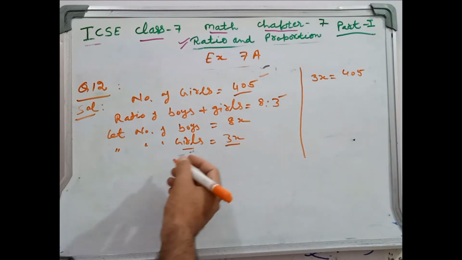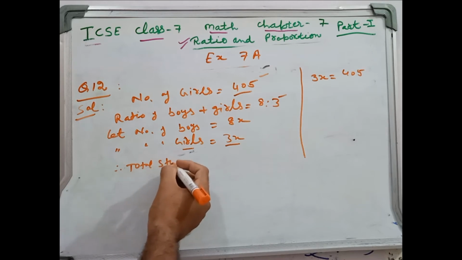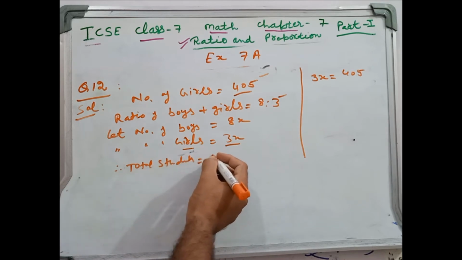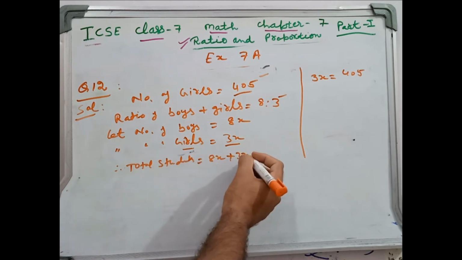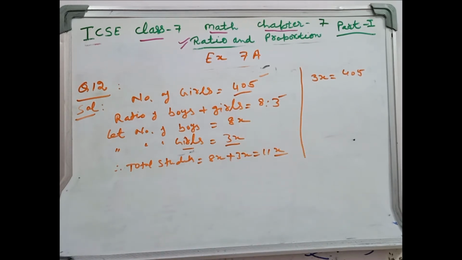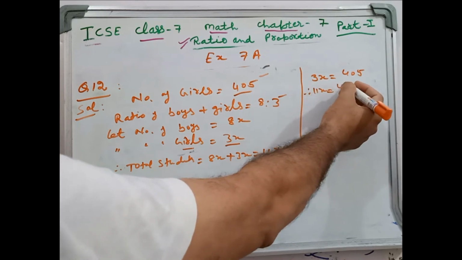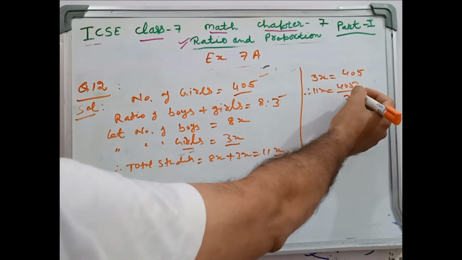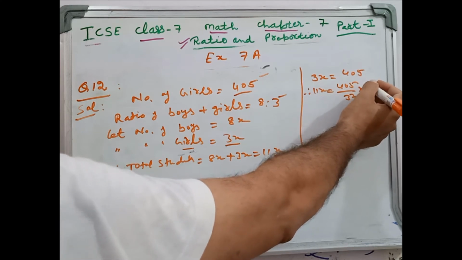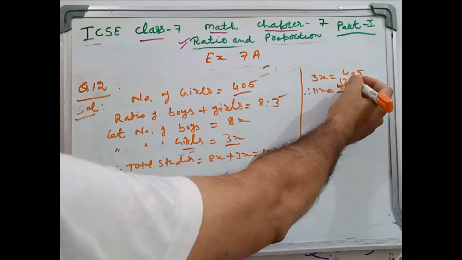So total students are 8x plus 3x equal to 11x. Right? So 11x is equal to 405 upon 3, multiplied by 11. Cut 3 with 405 gives 135.